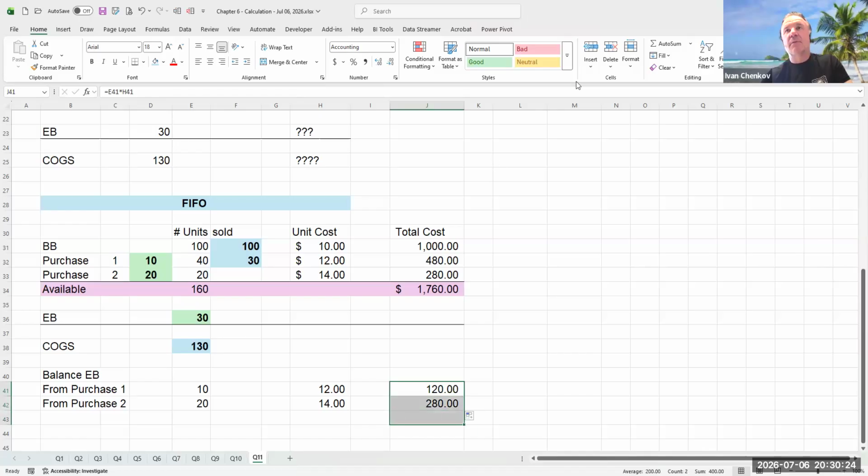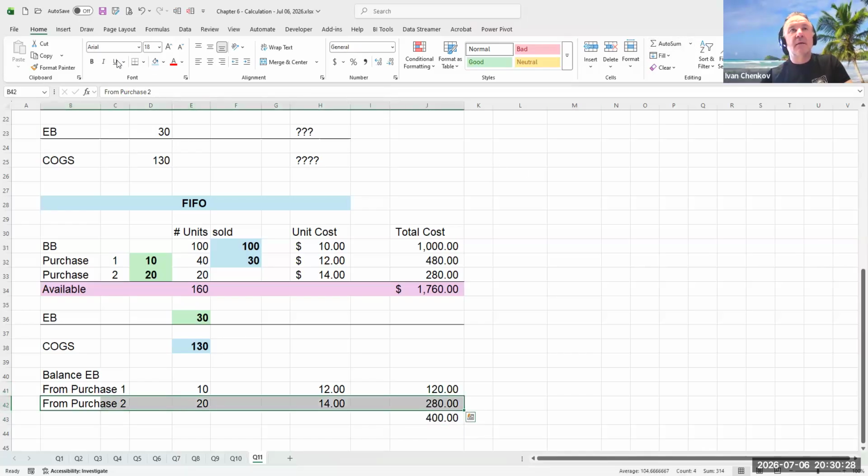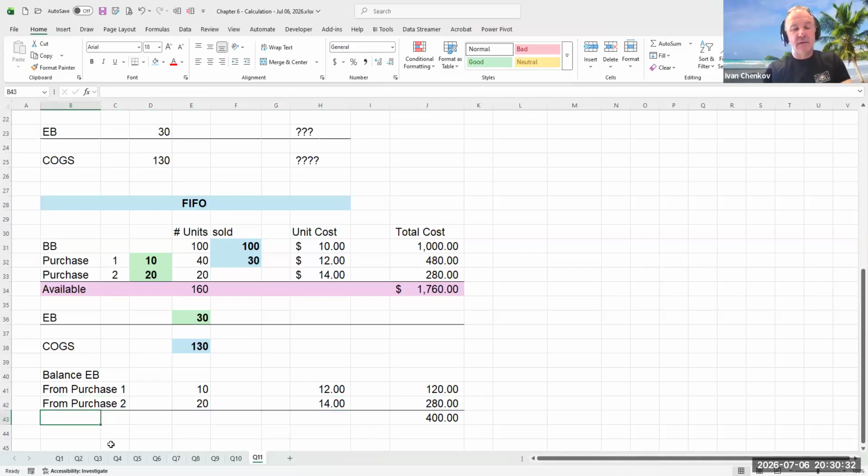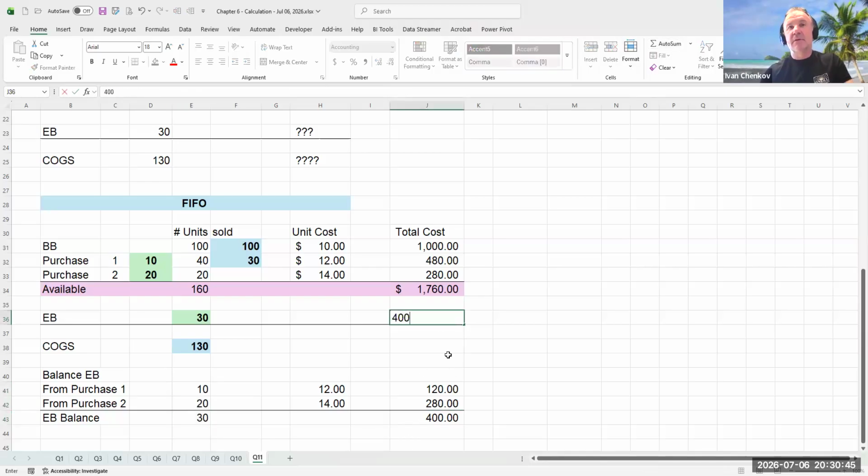So can you tell me how much is my total balance in ending inventory? I have 30 units. And how much is the cost? 400. So here I have 400.